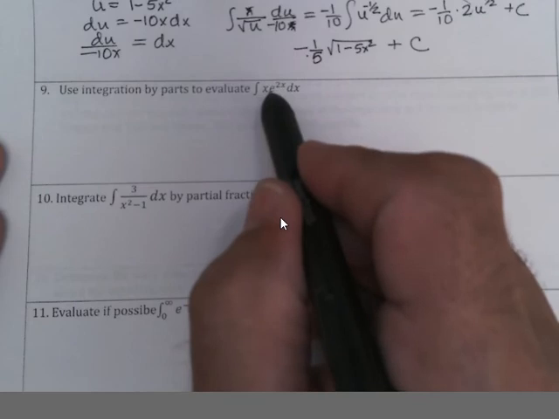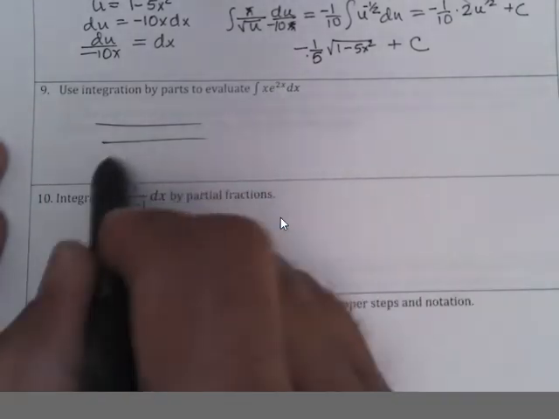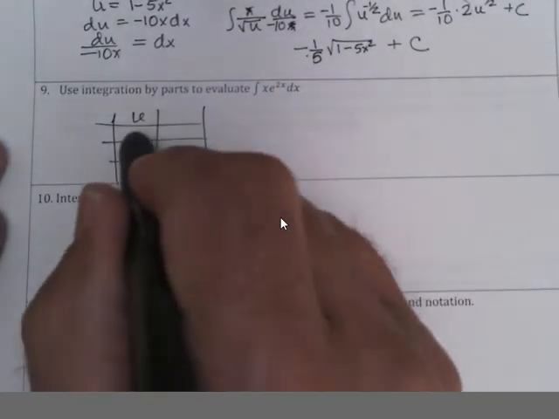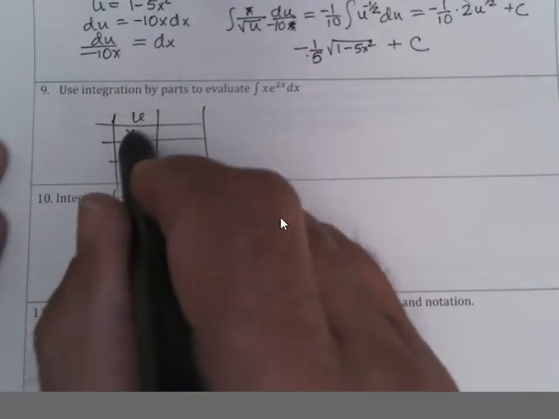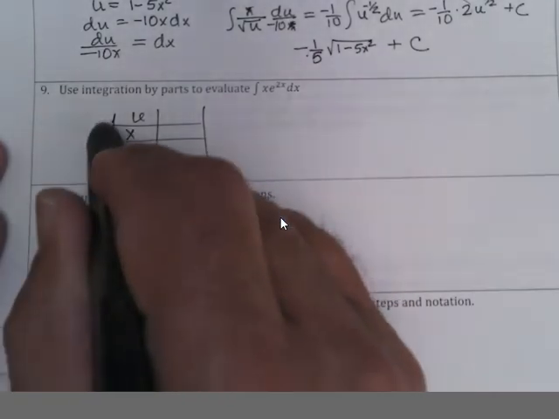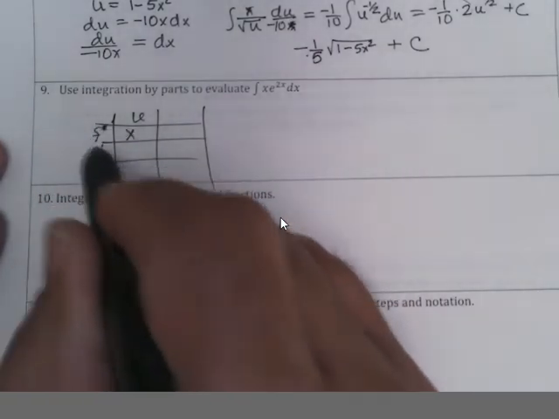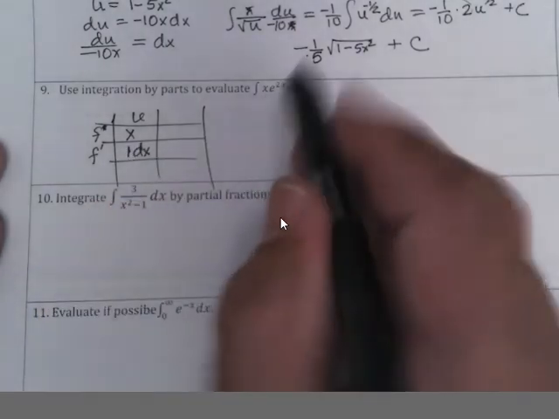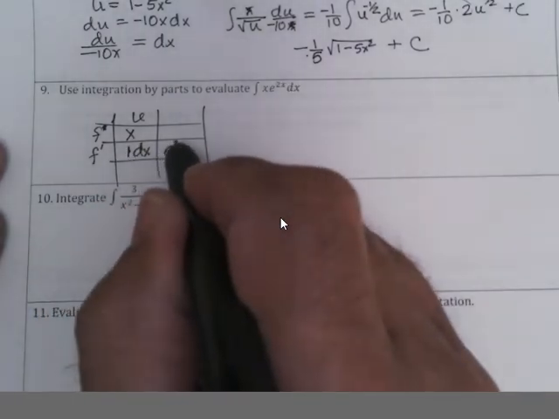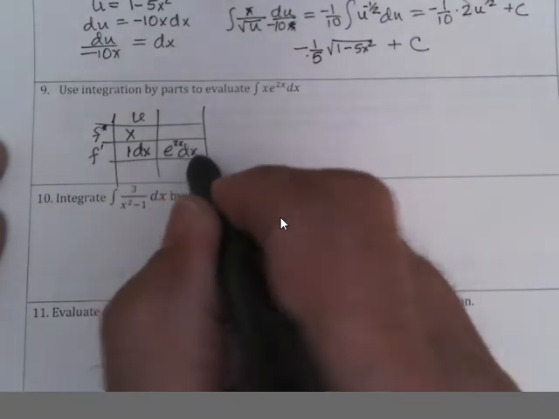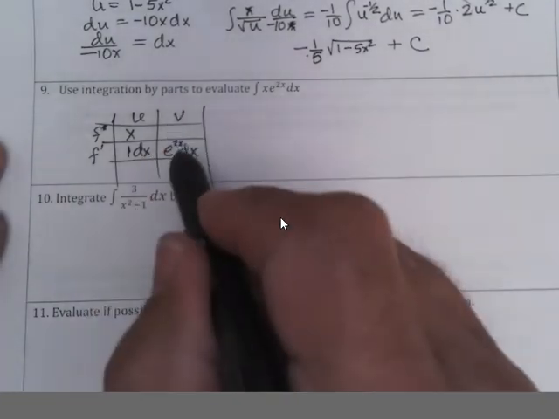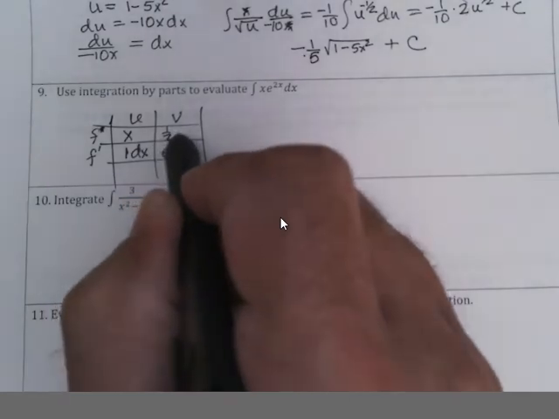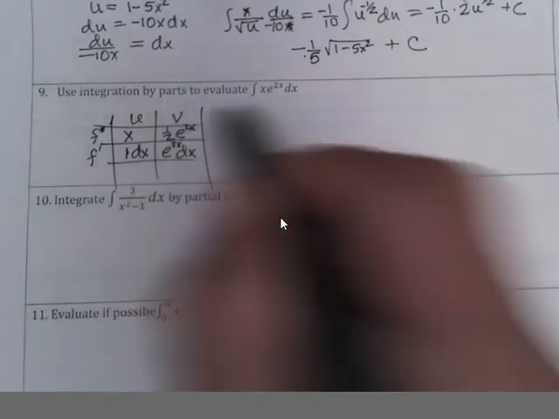Integration by parts. I'm going to let u be x. Its derivative would be 1 dx. I'm going to let e to the 2x dx be v prime. Antiderivative will be 1/2 e to the 2x.